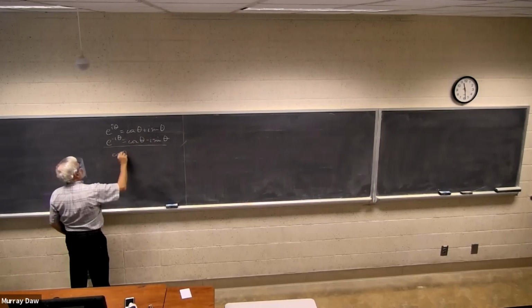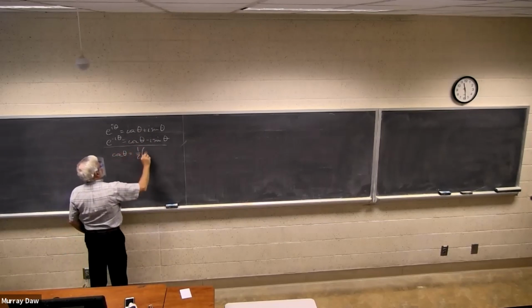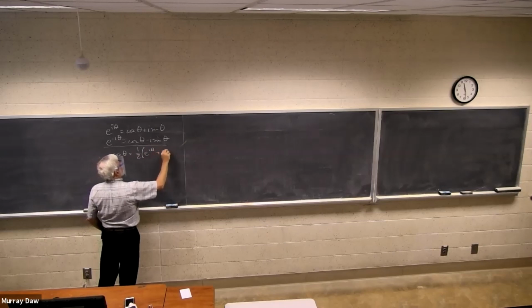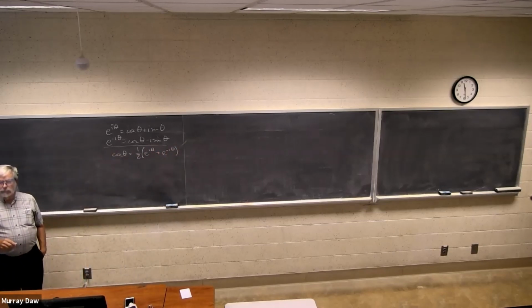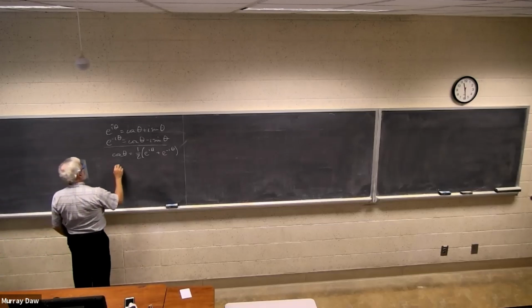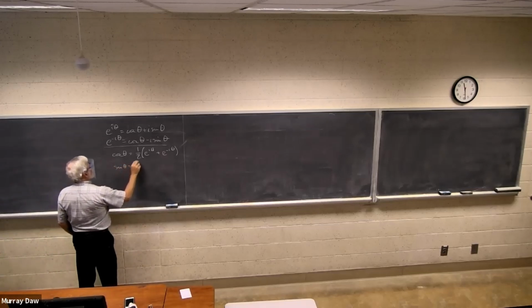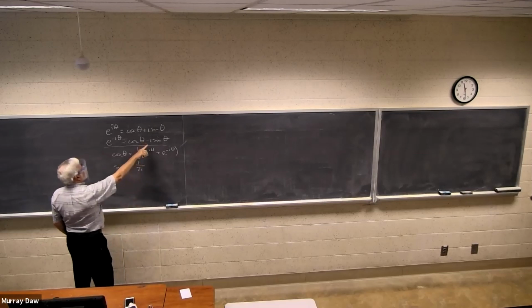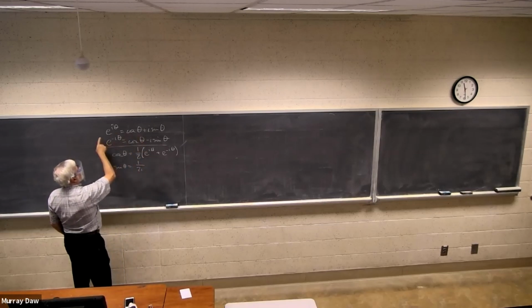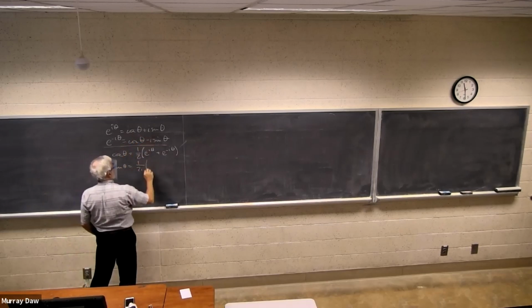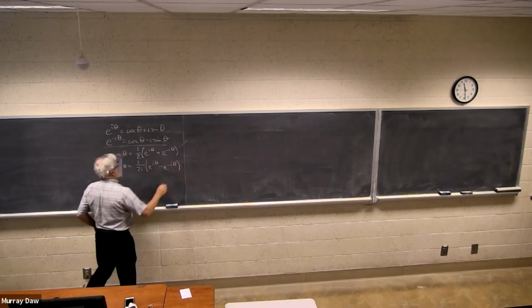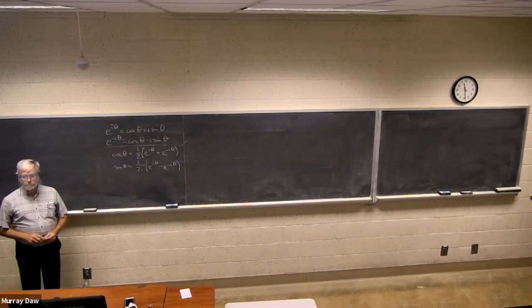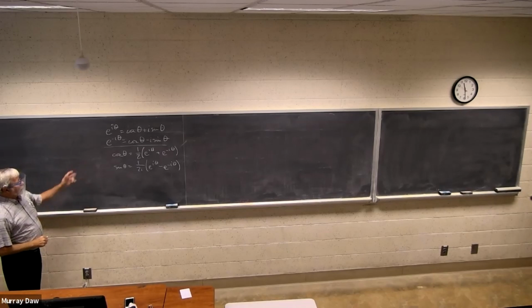So I can add these together and show cosine is the sum of two complex exponentials like this. And likewise, the sine of theta: I want to subtract these two equations, subtract this from this, and I get this. And we'll make use of this quite a bit.